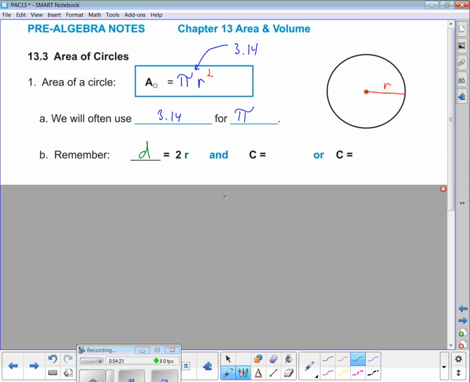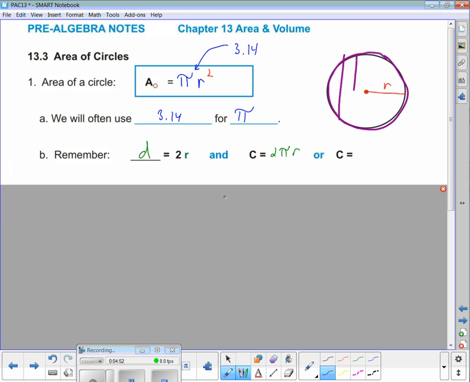Gabe, give me one of them. 2 pi r is one of the circumference formulas. Hey, don't mix that up with area. Students will mix up circumference, the distance around the circle, with area, how many square units are in the circle, right?